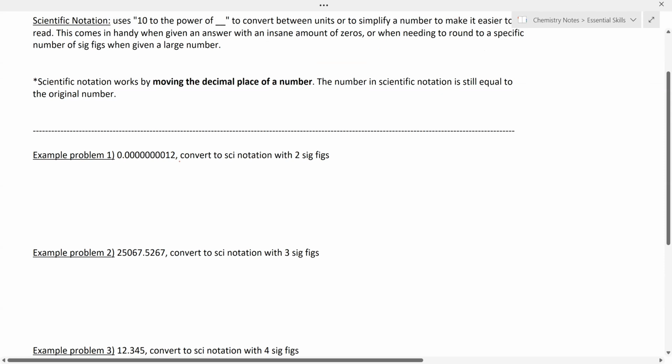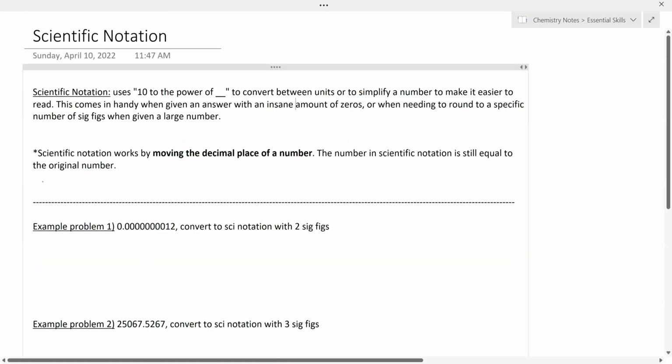Another important thing, the number in front of scientific notation has to be less than 10. So for example, the number in front can be like 1.0 to 9.9, but it can't be 10.